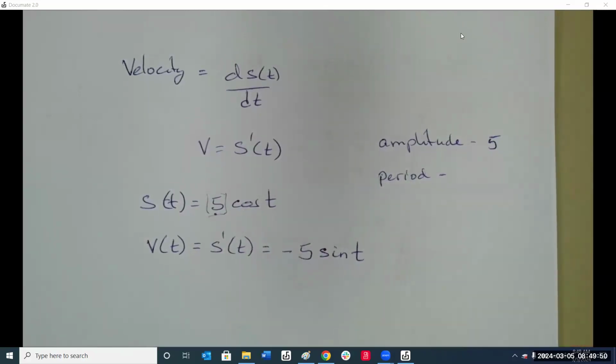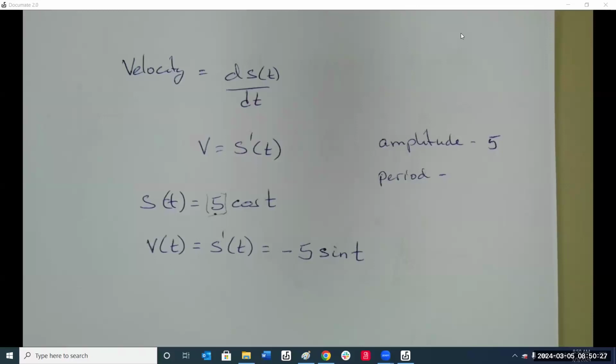What is the period of the cosine function? What does period mean? How long until the graph or the function repeats itself?